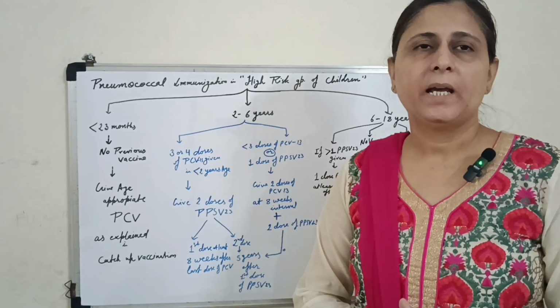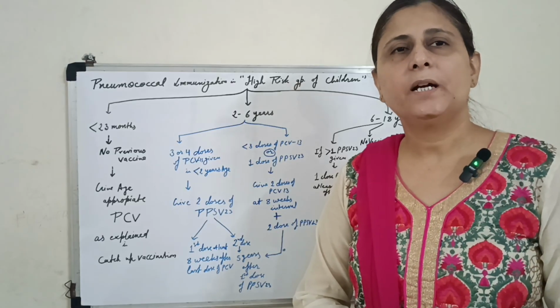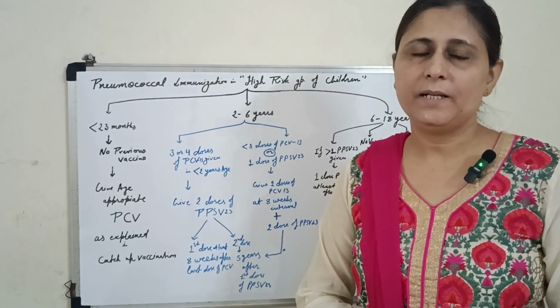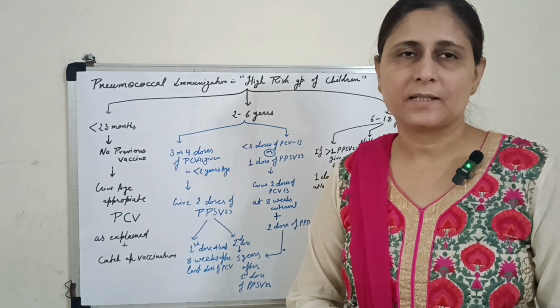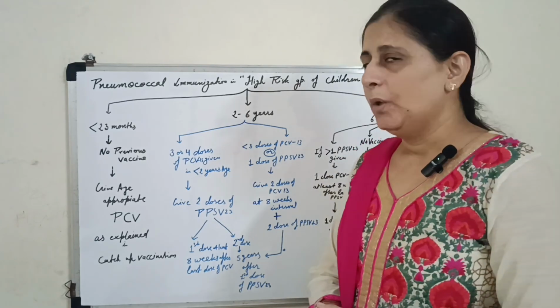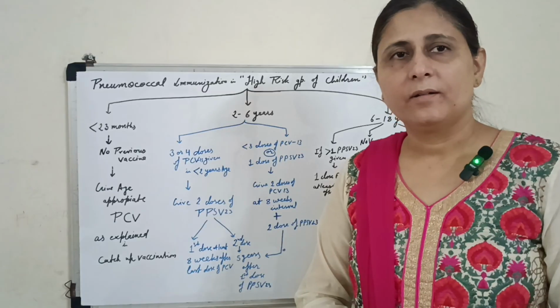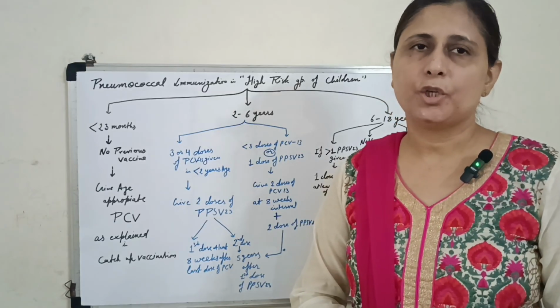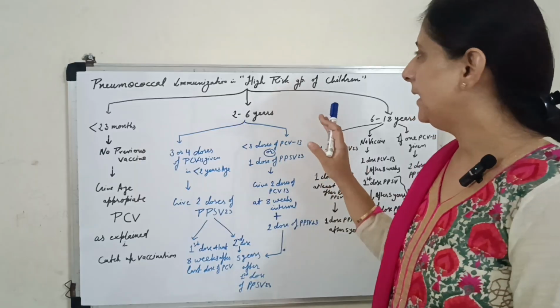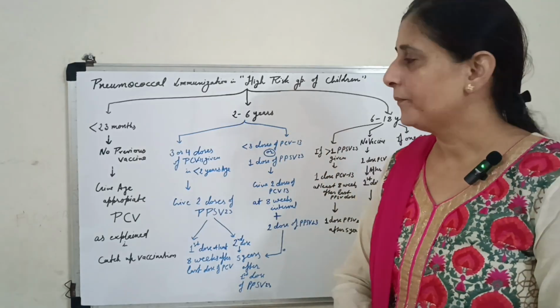The interval between PCV 13 and PPSV 23 is 8 weeks, and the second dose of PPSV 23 should be given after 5 years. And we know in healthy children after 5 years of age, pneumococcal conjugated vaccine should not be given, but they are the high risk group of the children.